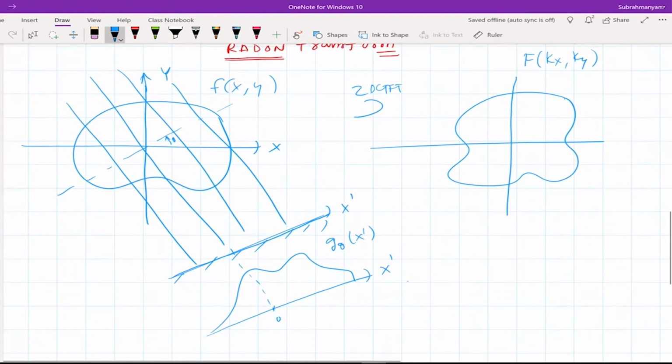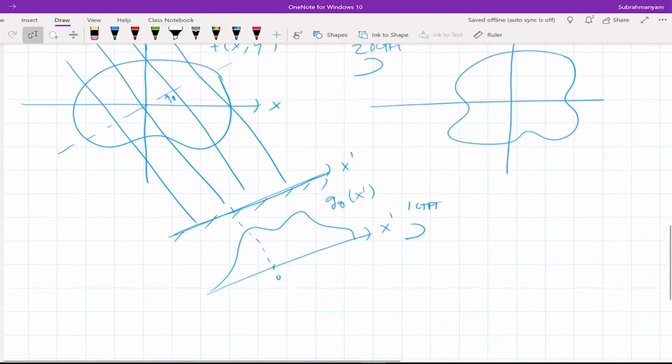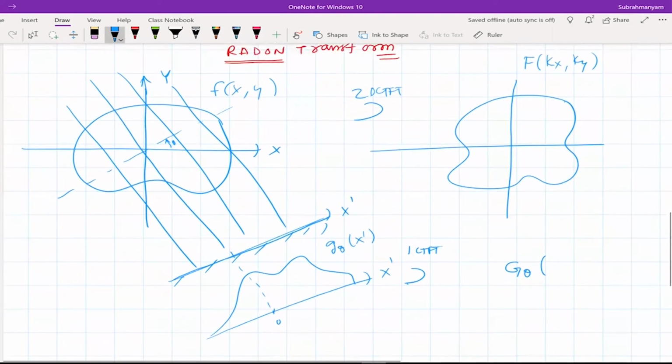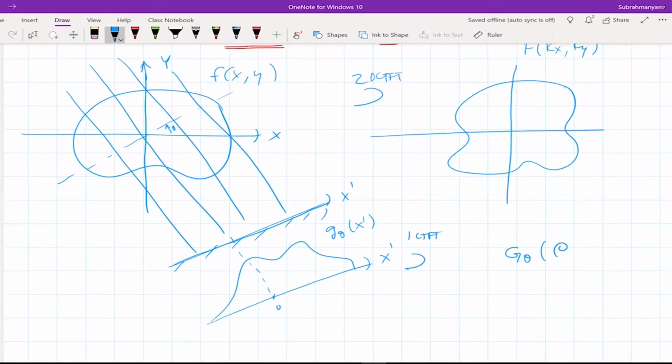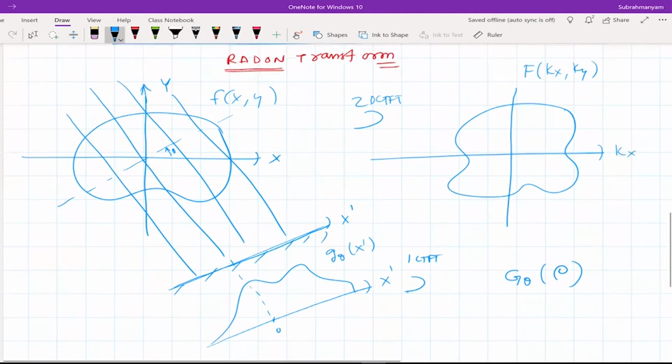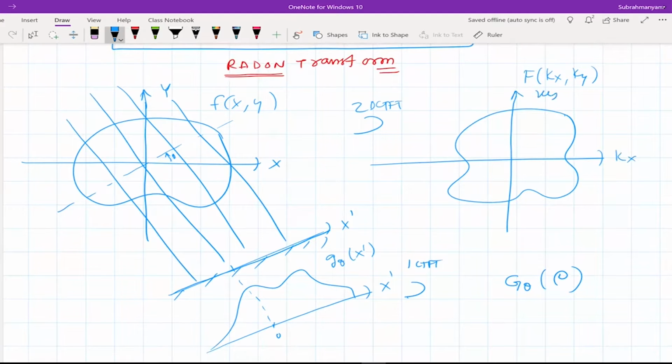And now for this, you compute the one-dimensional CTFT of it. Let's call it capital G theta of, anyway, this variable is different, so let's call it with some other name, not to confuse with this kx, ky, because that's exactly in this direction we are going to compute.